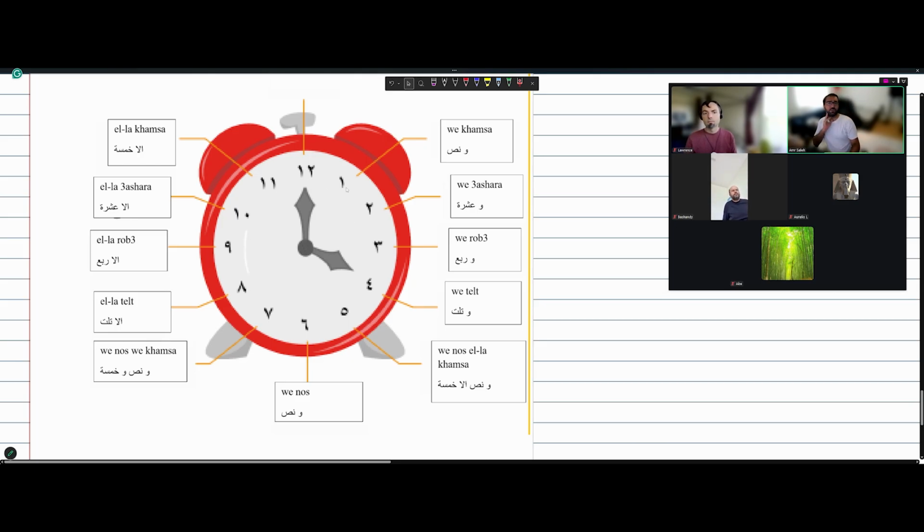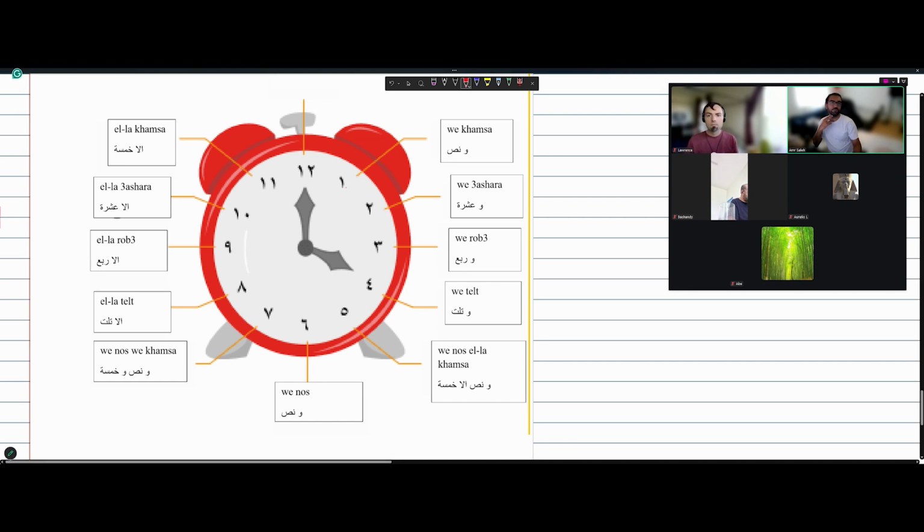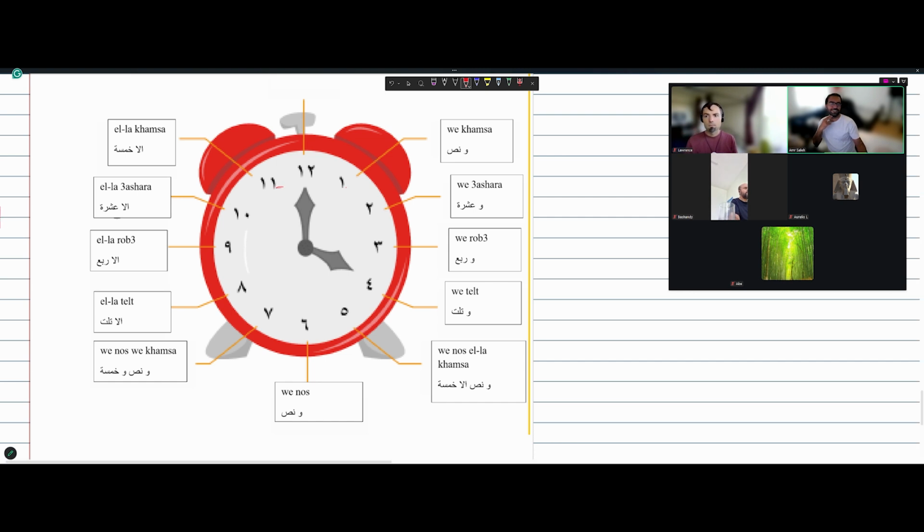So if you want to say it's 1 o'clock, you say الساعة. ساعة is clock or time, basically. واحدة. So it would be الساعة واحدة, and الساعة خمسة.